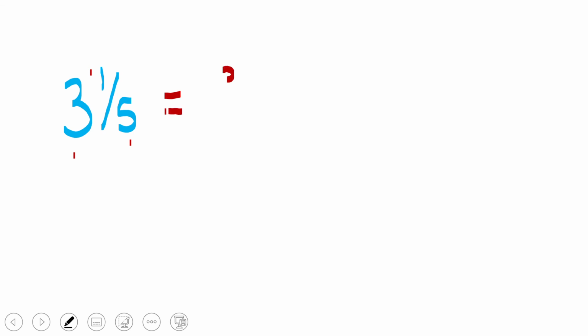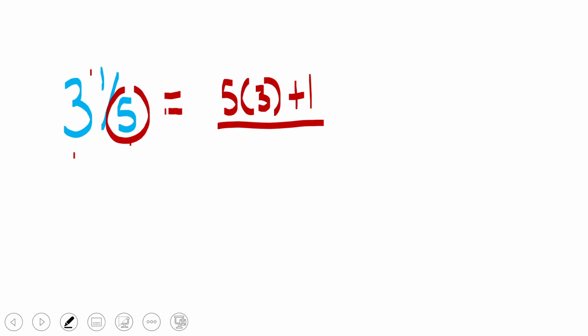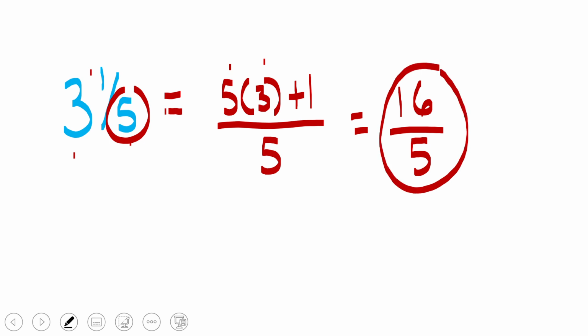We will have 5 times 3 plus 1 on top, and our whole is 5 on the bottom, so we have a numerator and a denominator to work from. 5 times 3 is 15 plus 1, 16. Our whole on the bottom is 5. Our final value as an improper fraction is 16/5.